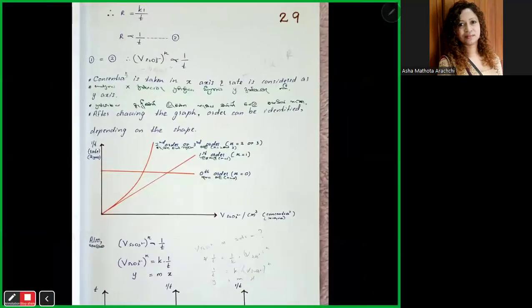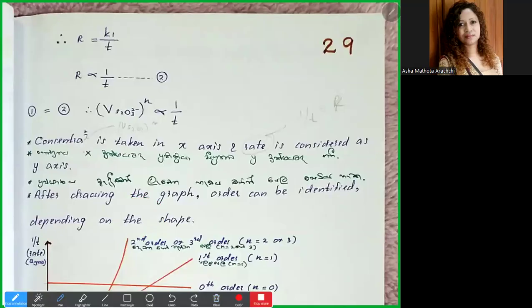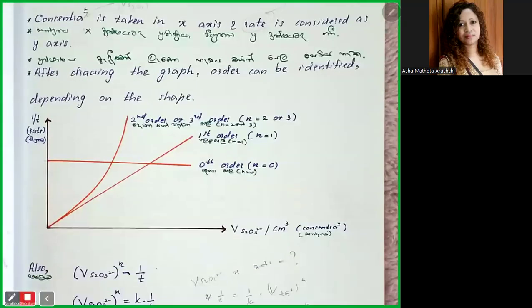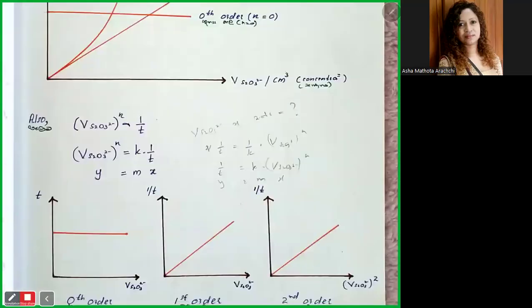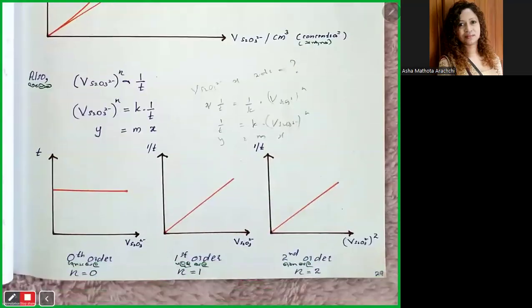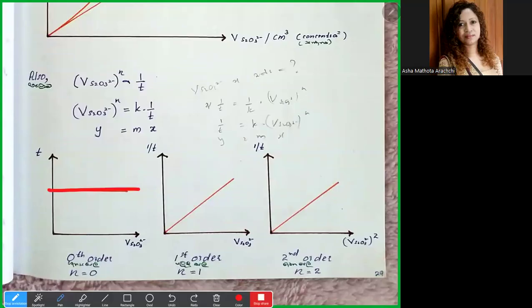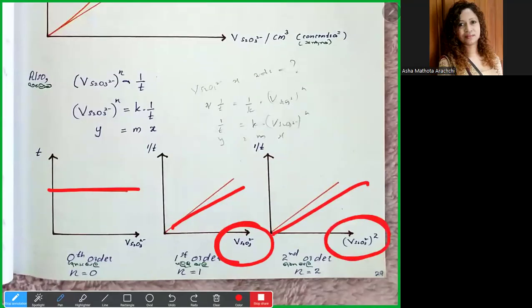So using those two, I can remove the proportionate sign, equals K into 1 over T. So either using this 1 over T or using T, whatever the method, I can draw these diagrams depending on n: 0th order, first order V(S2O3), then second order V(S2O3) squared. Clear? They never ask you this question.